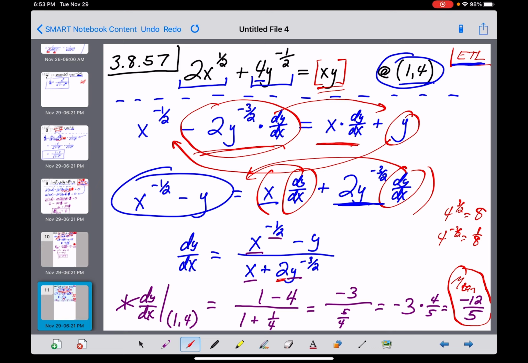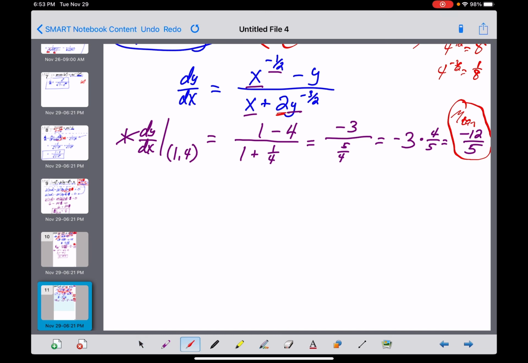Okay, so that was kind of ugly, negative 12/5. Now from there, we've got the slope of the tangent, and we already knew the point of tangency was (1, 4), so let's go to point-slope form and see where that gets us. y minus your y-coordinate, which is 4, equals the slope of your tangent, negative 12/5, times x minus the x-coordinate of your point of tangency, which is 1.